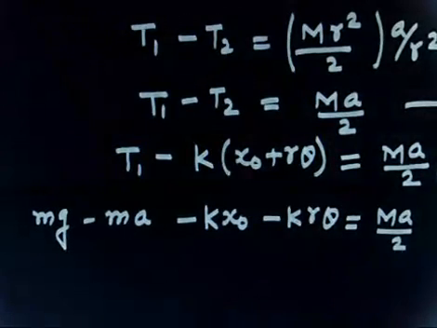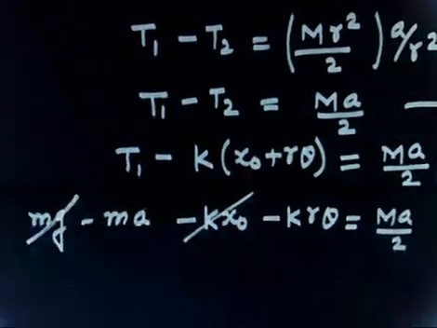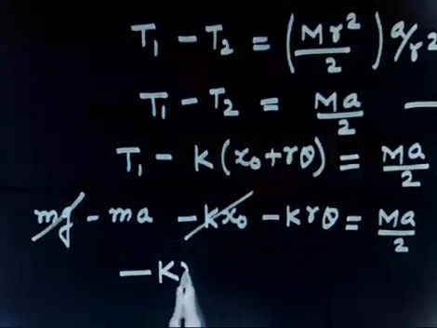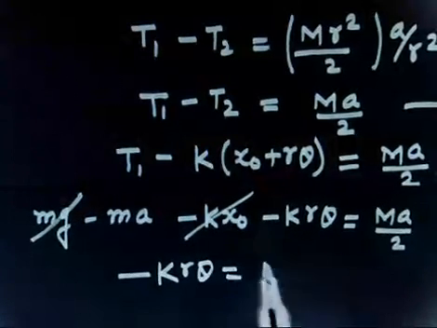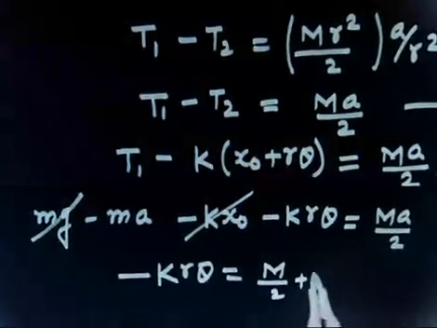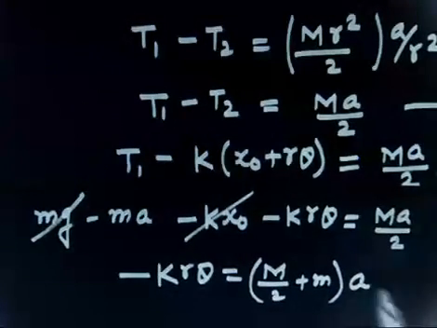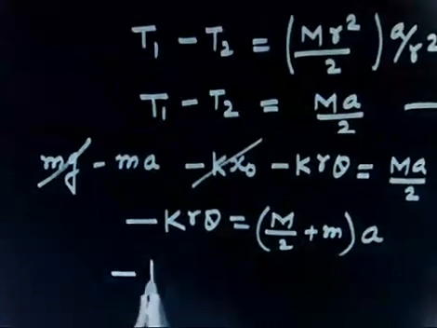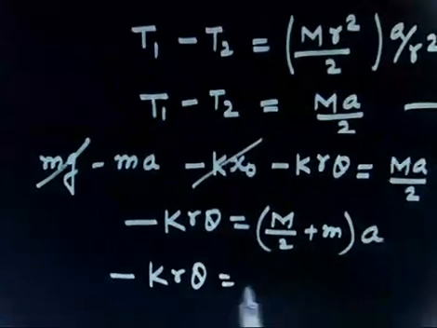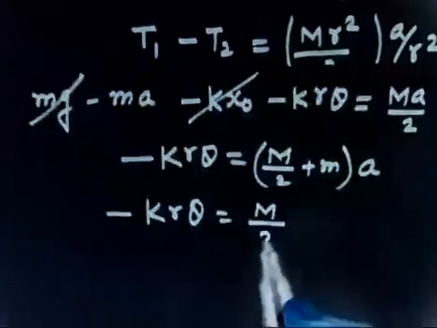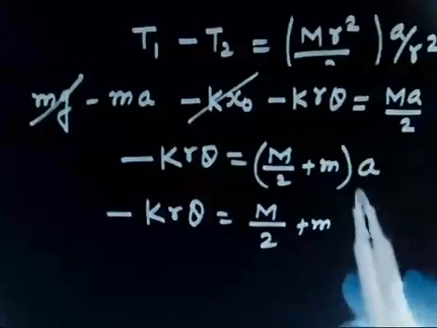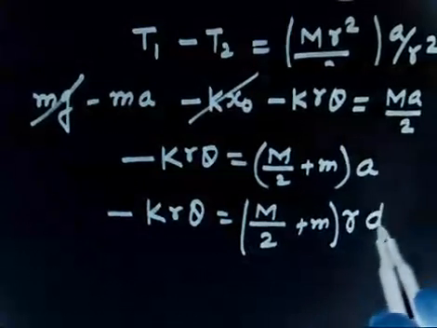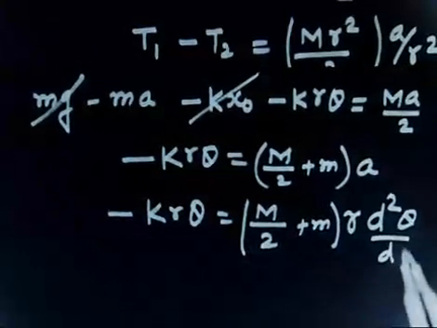Now if you see the equilibrium condition, mg is equal to k x naught, so this cancels out. Now the ma goes to that side, so we have minus k r theta is equal to m by 2 plus m, into a. And a is nothing but r alpha, where alpha is d2 theta by dt square.